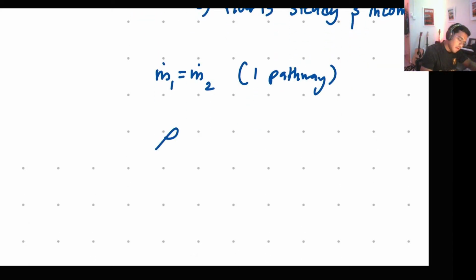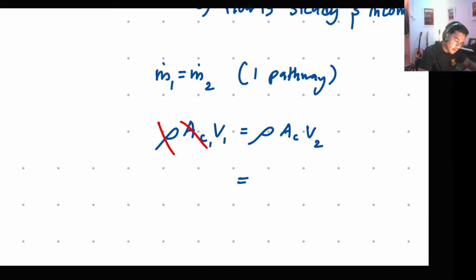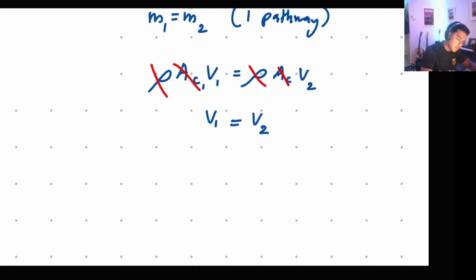Since the cross-section is the same, velocity in is equal to velocity out.